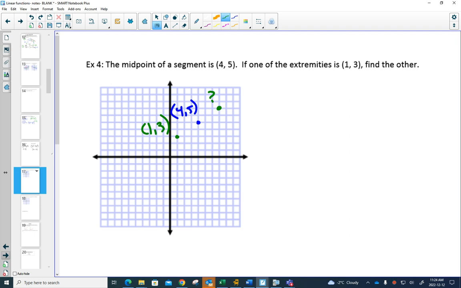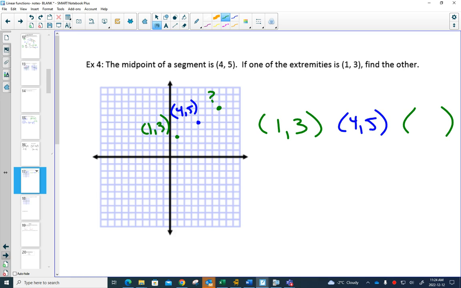How can you figure this out? Well, on the graph, I kind of measured it, okay? But again, we don't always necessarily want to measure it. One thing that I like to do on these questions with the middle is figure it out this way.